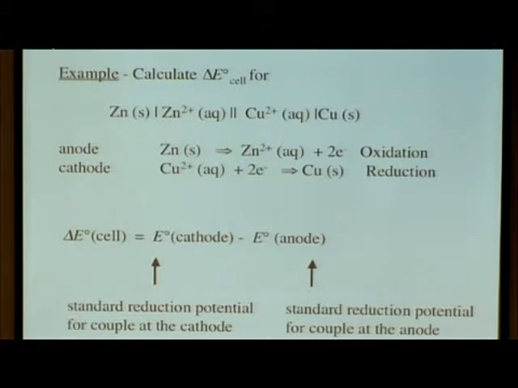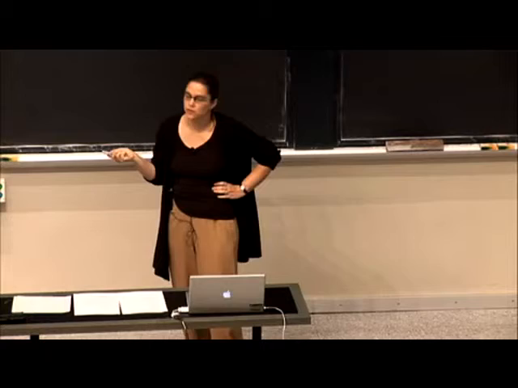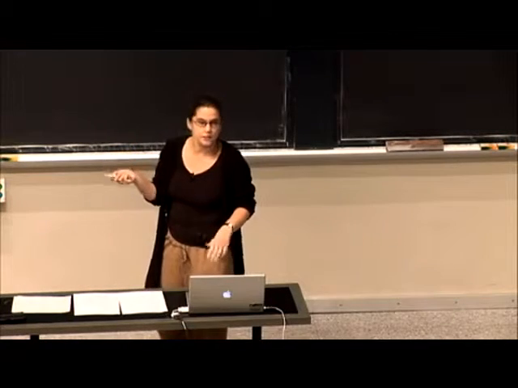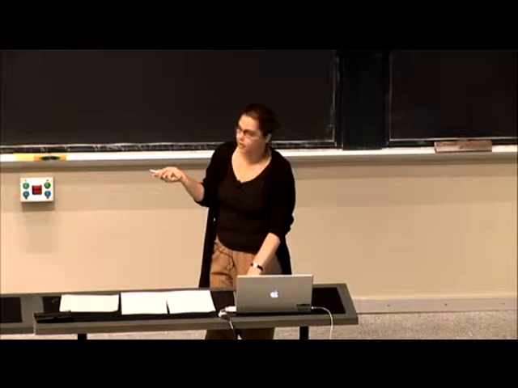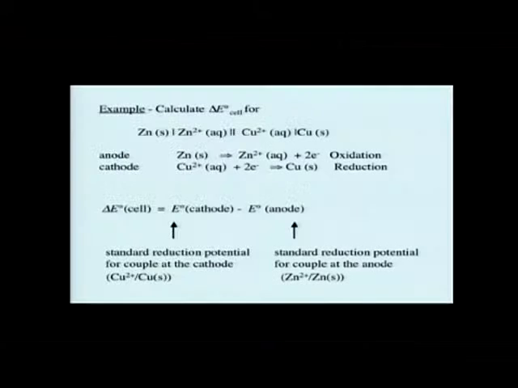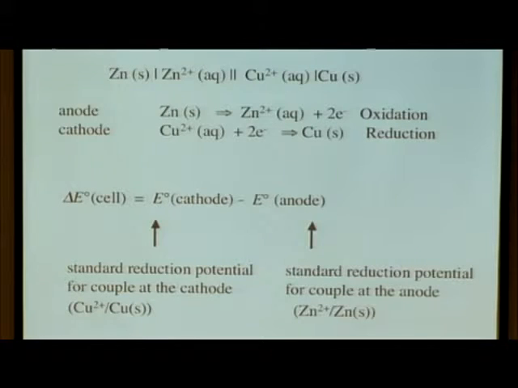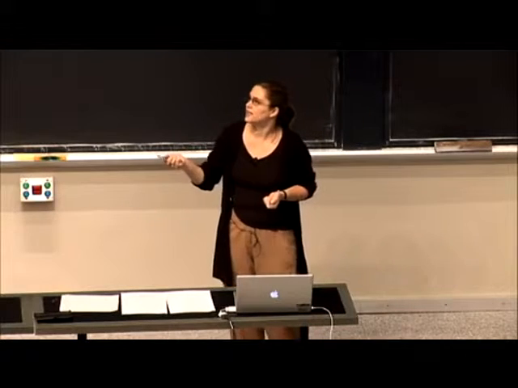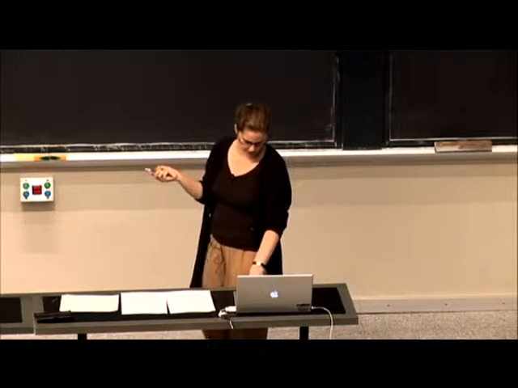You told me which reaction was occurring at the anode and which at the cathode last time, so we can just use that information in here. The reaction at the cathode is the copper reaction, and the reaction at the anode is the zinc reaction. Note that I have these written as reduction potentials because we're going to be plugging in the standard reduction potential into this equation.